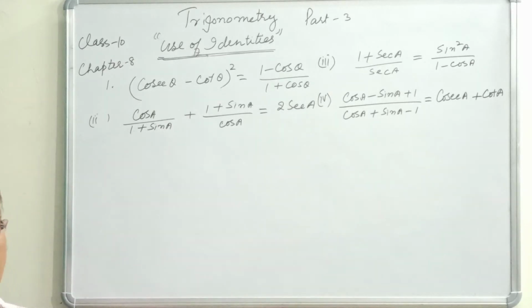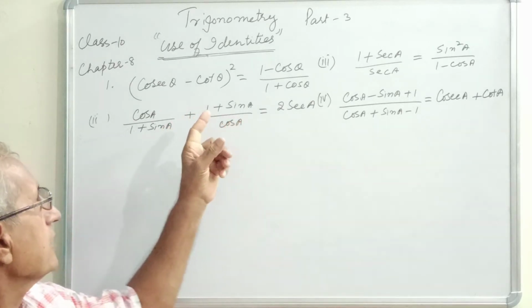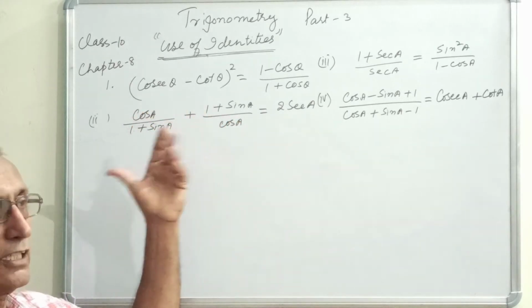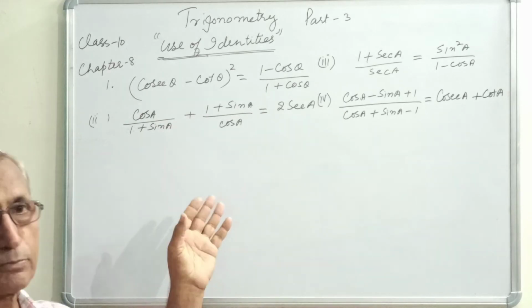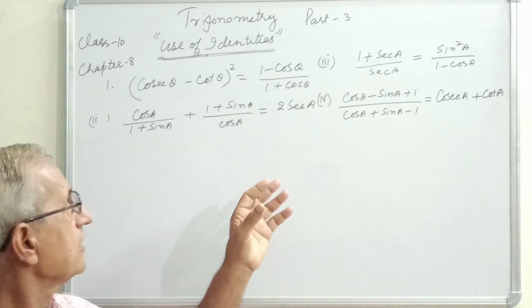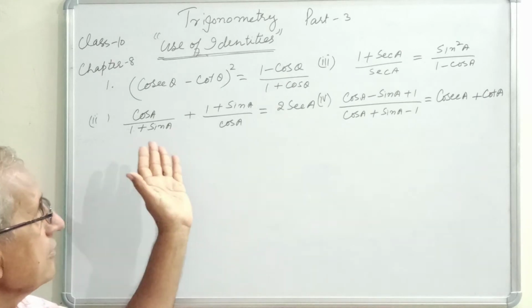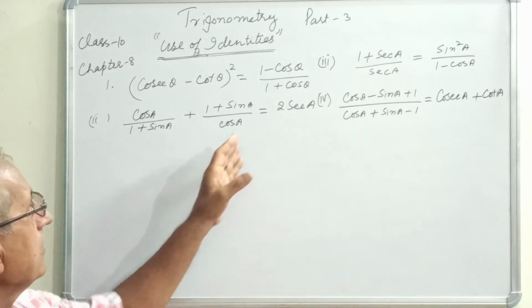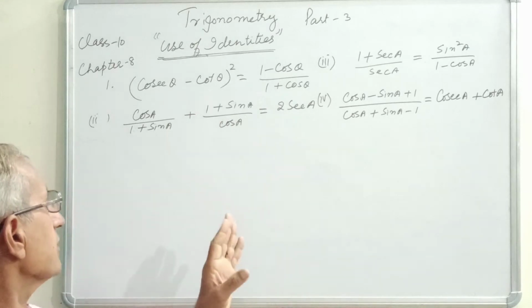So dear students, you can prove this identity by taking either left hand side or right hand side. That depends upon you. Whichever way you find easy, you can select any side in the beginning, either right hand side or left hand side.